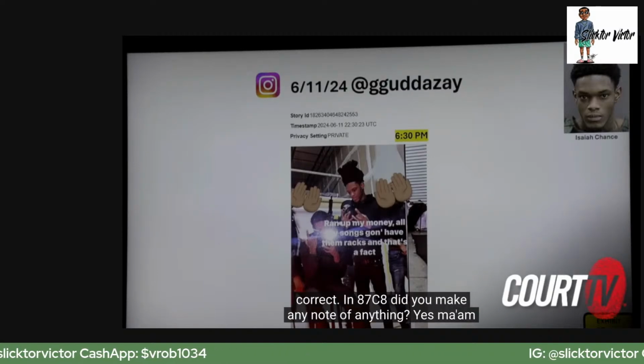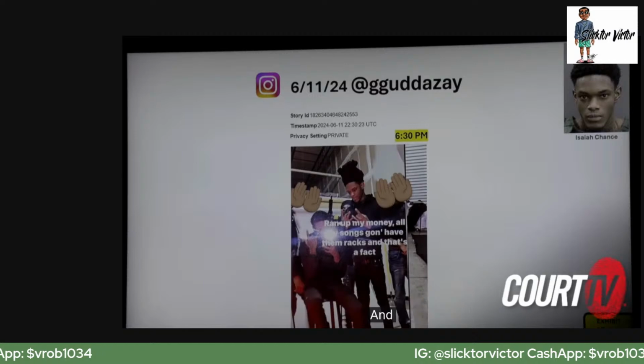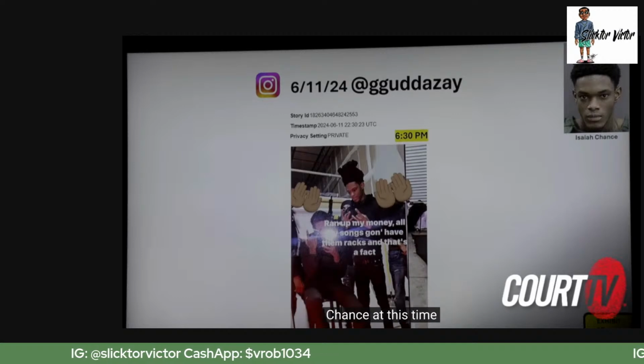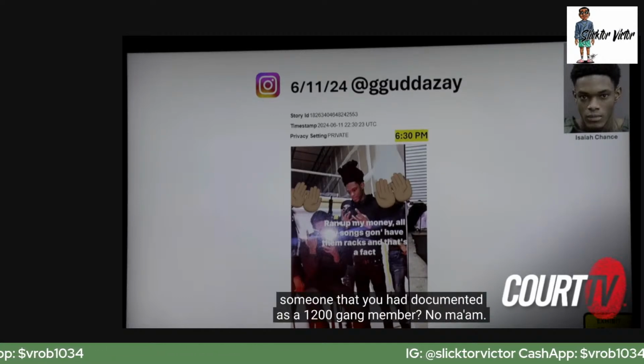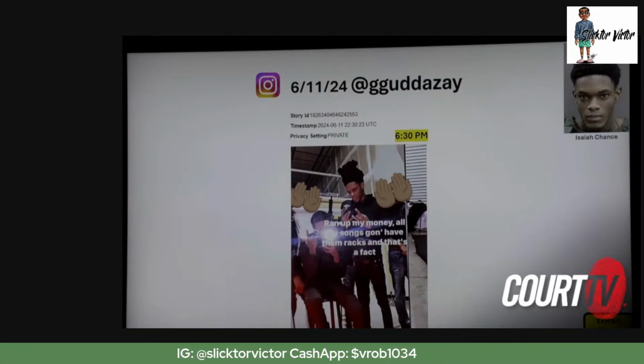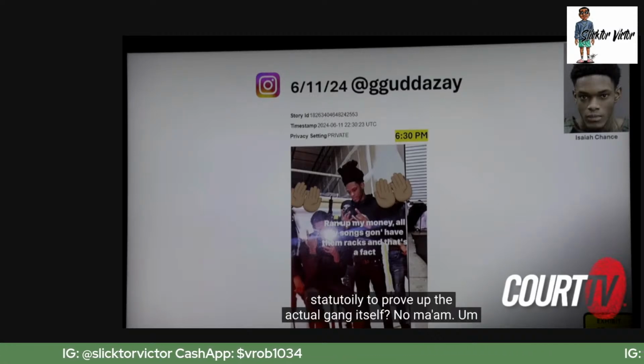Now, is Isaiah Chance at this time someone that you had documented as a 1200 gang member? No, ma'am. Does the statute documenting gang members require you statutorily to prove up the actual gang itself? No, ma'am. Did you make note of the fact that Isaiah Chance had utilized the 1200 gang sign? Yes, ma'am.